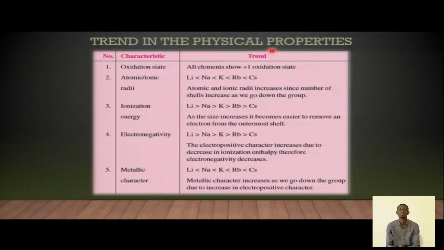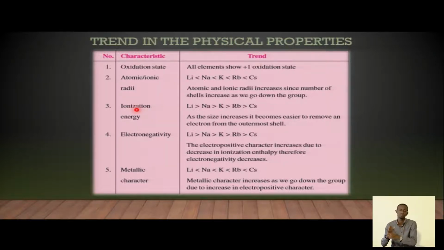Trend in the physical properties. We have the oxidation state here. All elements show a positive 1 oxidation state. And the atomic radius or ionic radius, we said that it increases down the group because we have more and more shells.